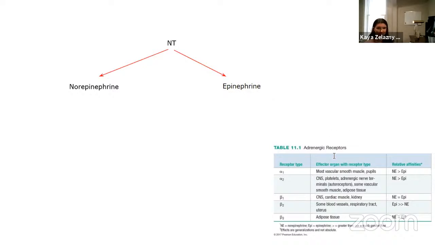The reason I pulled this chart on the bottom out again is we learned this stuff in words on the slides, but this is a handy little reference that tells us what these two neurotransmitters are going to bind to. We can see that norepinephrine is really binding to our alpha receptors. Remember that we're comparing alpha receptors and beta 2 receptors, the ones we're interested in for our blood vessels.